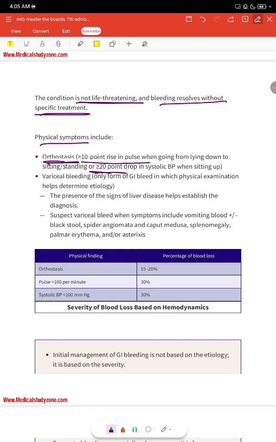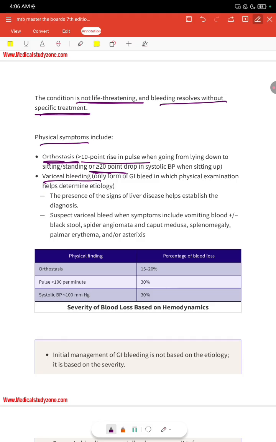So if a person is lying down and you make him or her sit up and the systolic BP drops by more than 20 points, it means that it is orthostasis. So orthostasis is there in ischemic colitis.